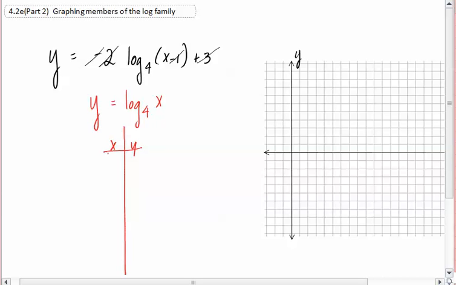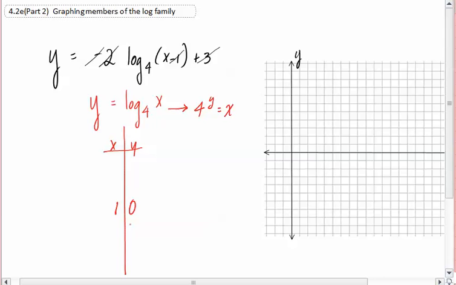Alright, so let's take maybe 4 or 5 points. We have 4 to the y power is equal to x, right? We're going to write it in exponential form so that it makes it easier to create a table of values. If y is 0, then the x value is 1.